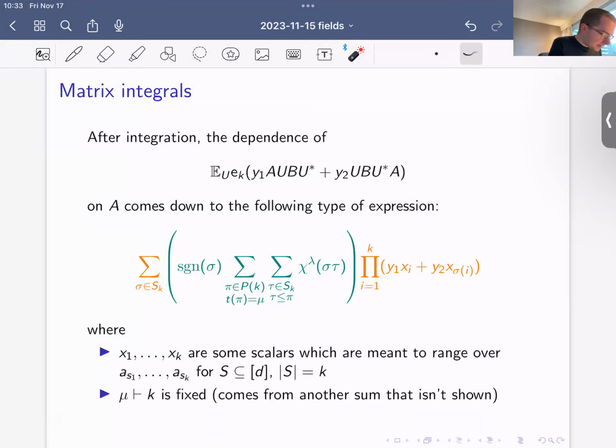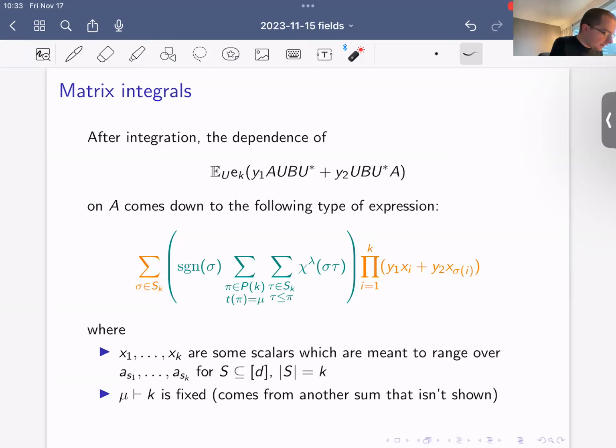the formulas for this come down to this kind of weird looking expression. The first thing you might notice about it, especially based on how I did the coloring, is that it's a lot like a determinant.